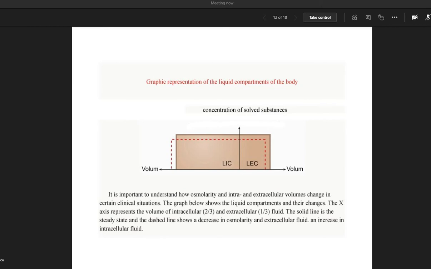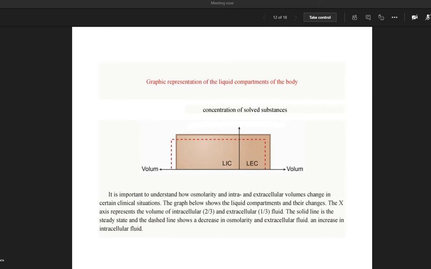Okay? And the vertical line represents the osmolarity, or the concentration of dissolved substances. So, the horizontal line means volume, the vertical means the osmolarity.